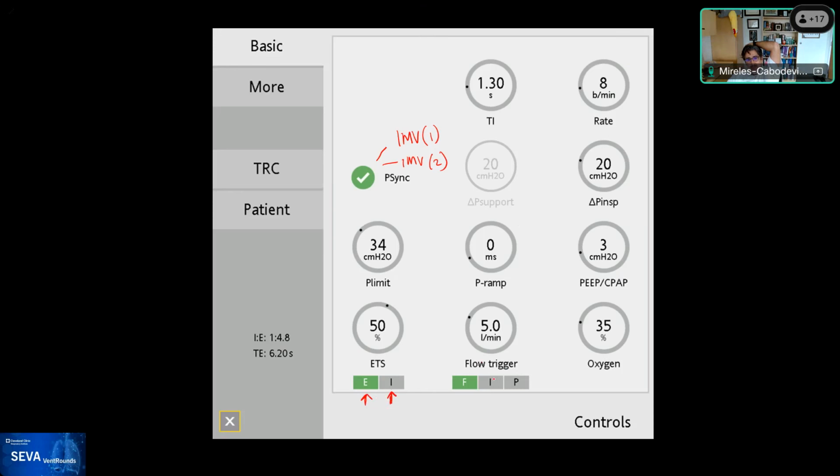And for the trigger, it can be flow, it can be pressure, and it can be intelligent. And when it's intelligent, it changes a little bit how the mode will behave. It will be reading the waveforms to minimize discordance.